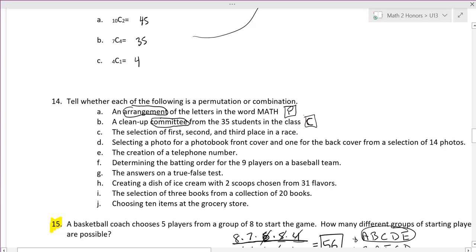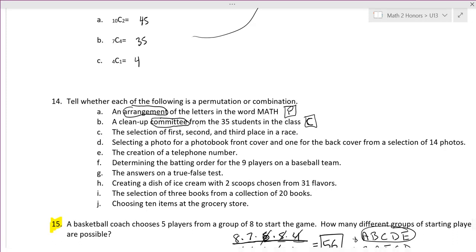Because in an arrangement, the order of things matters, and that's key to permutation. In a committee, the order in which you select the committee does not matter. It's just what's the group you have. I don't care who you picked first, second, third. So that's where combination comes in.